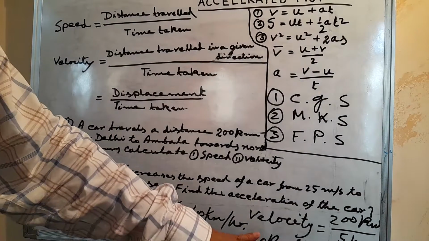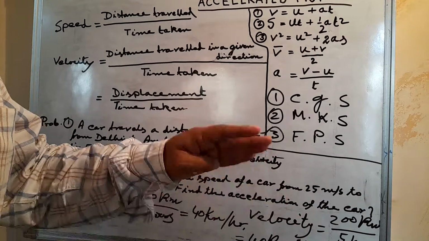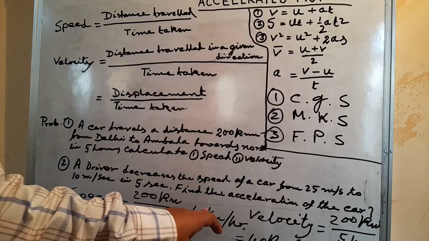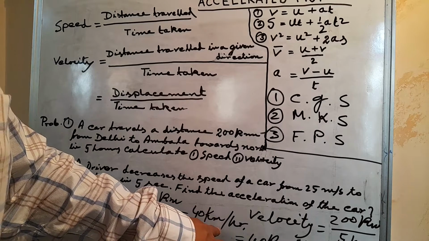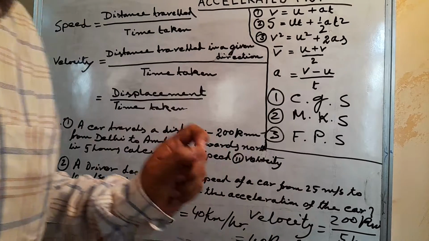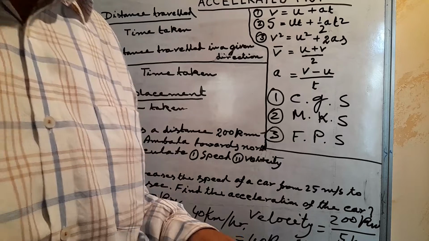So the difference between velocity and speed is that velocity gives us the direction, towards north, and speed gives no direction. So speed is a scalar quantity and velocity is a vector quantity. What is a vector quantity and what is a scalar quantity?